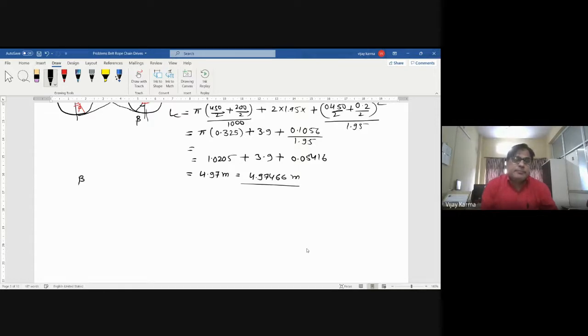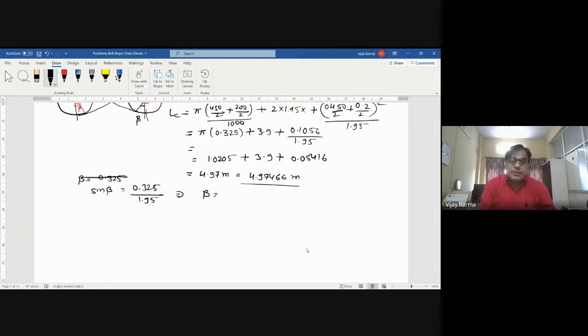Then beta. Sine beta is equal to (R1 plus R2) divided by C, that is 0.325 divided by 1.95.